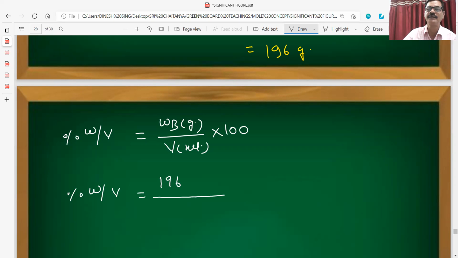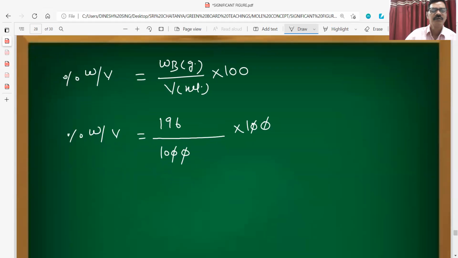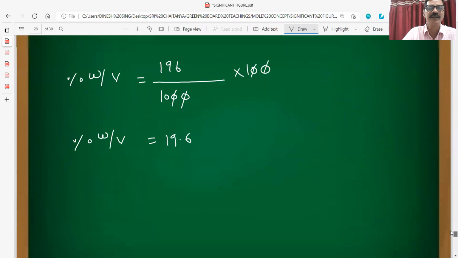Since 2 moles are present in 1 liter of the solution, in 1 liter there are 1000 ml, into 100. So this will be cancelled by this. Now weight by volume percent will be 196 divided by 10, which is 19.6. So in that way we can calculate the weight by volume percent. So this is our third formula.